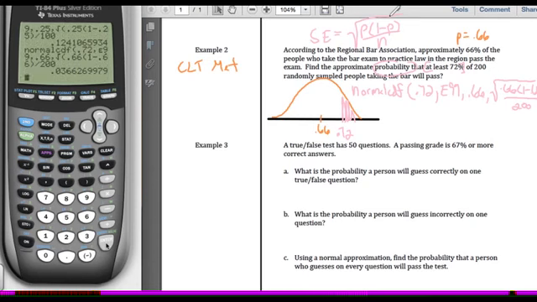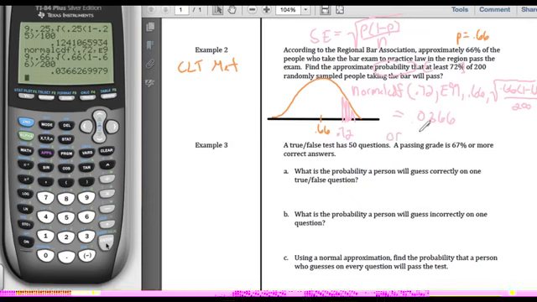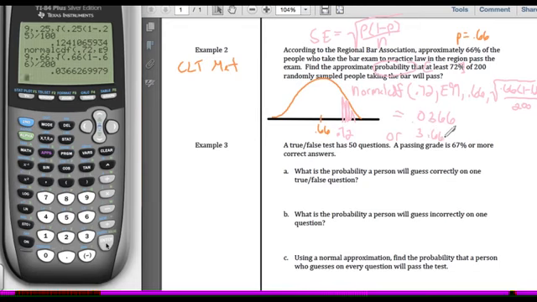I hit enter, and I get 0.0366 if you take that to 4 places, or you could say it's 3.66%.